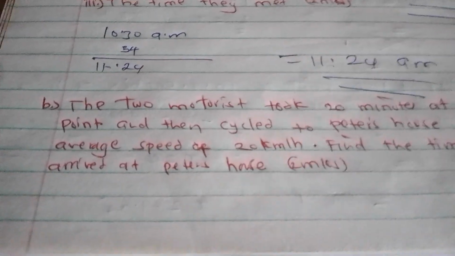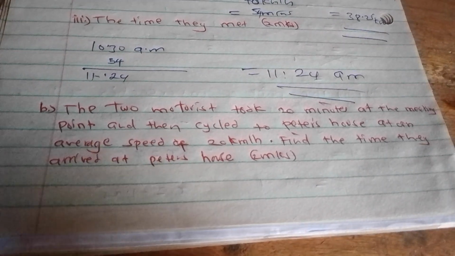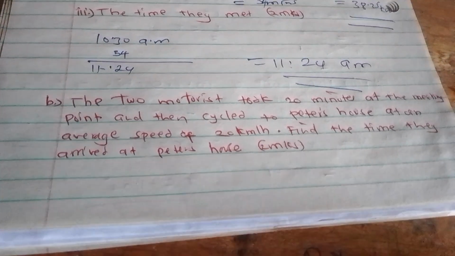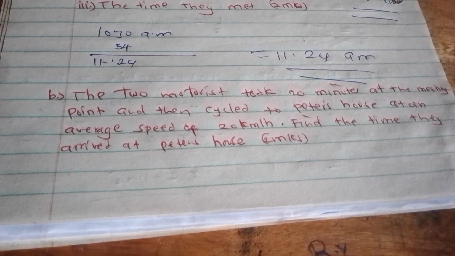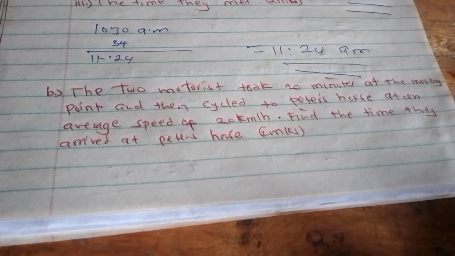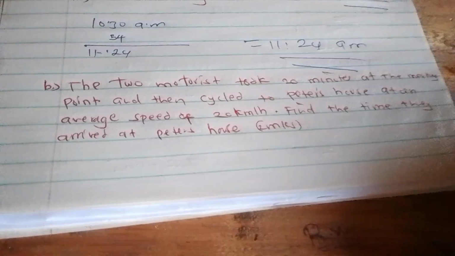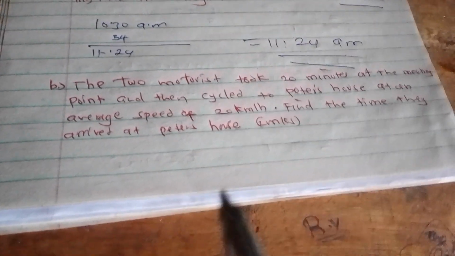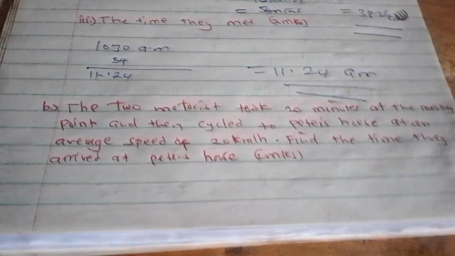Good. Then next, the two motorists took 20 minutes at the meeting point and then cycled to Peter's house at an average speed of 20 kilometers per hour. Find the time they arrived. Not the distance, but the time they arrived.